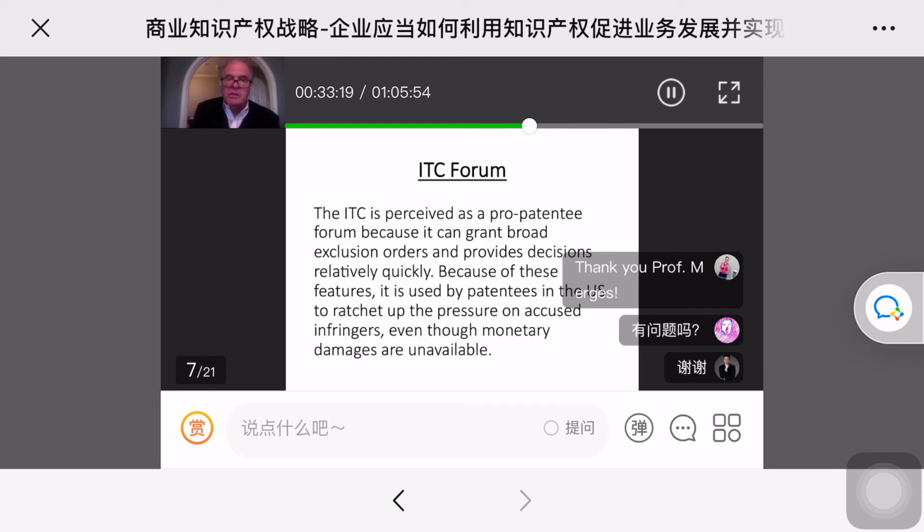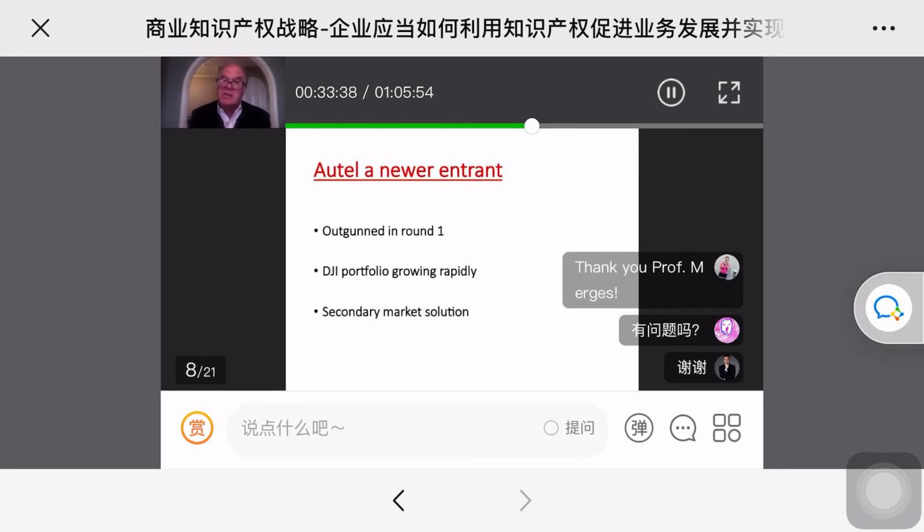Okay, so in the drone field, DJI is well known. They were an early pioneer of drone technology, and they have a number of different types of drones that are sold in different markets. Some drones are used to inspect remote or dangerous areas. Some drones are used to take photos.